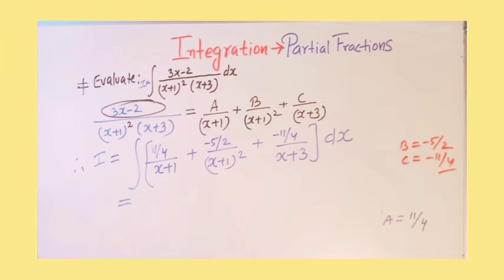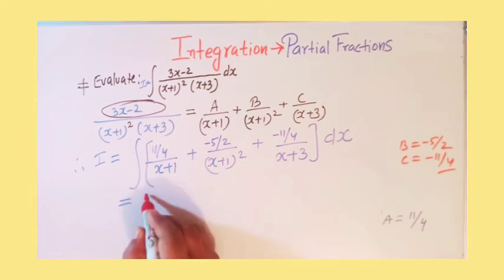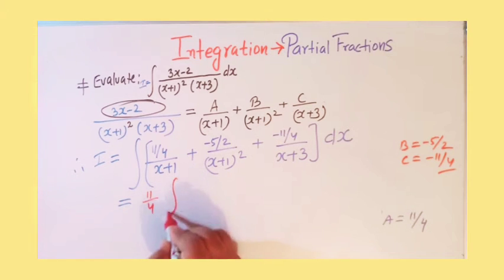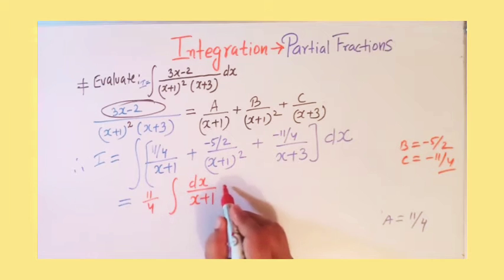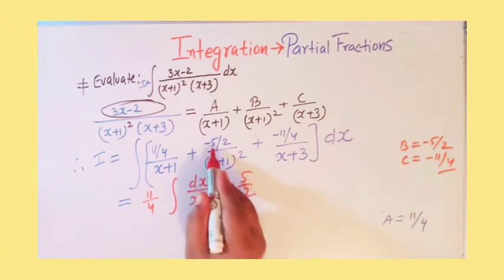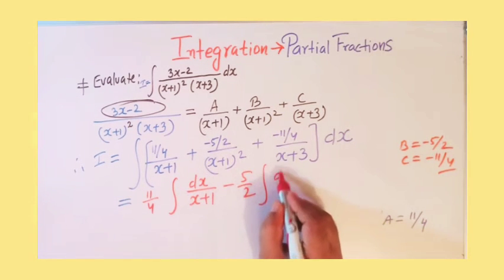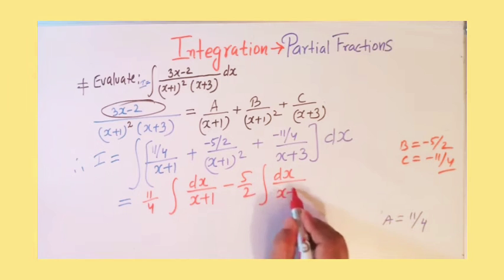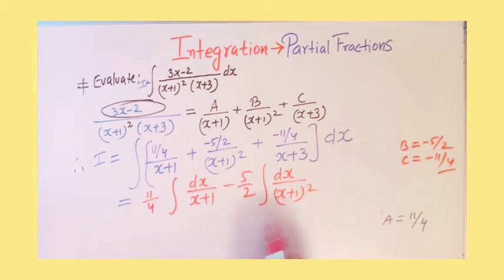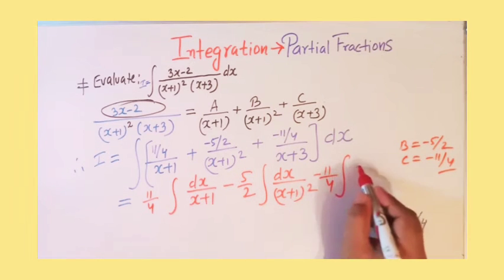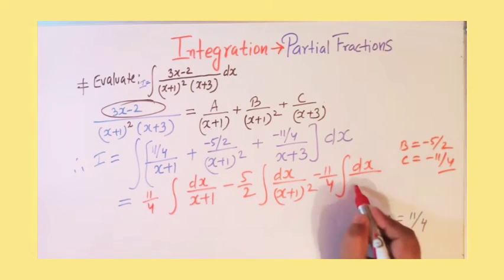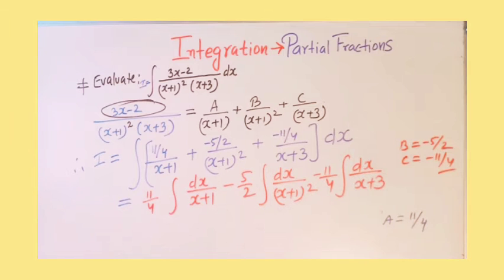Now we separate these three terms. So we have 11 by 4 integral of dx over x plus 1, then we have minus 5 by 2 and integral of dx over (x plus 1) square, and then we have minus 11 by 4 and integral of 1 over x plus 3, right?